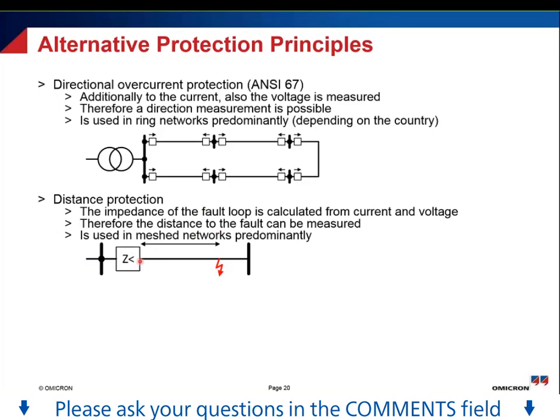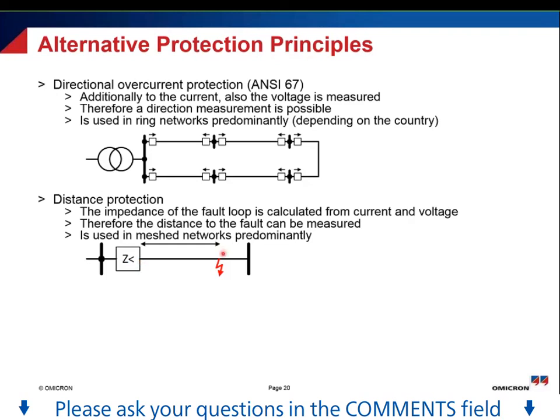So out of the impedance, I can compare it with the typical line impedance, and then I know how far this fault is away from my protection device. Therefore, I can measure the distance between my protection device and the fault. That's why it's called distance protection.